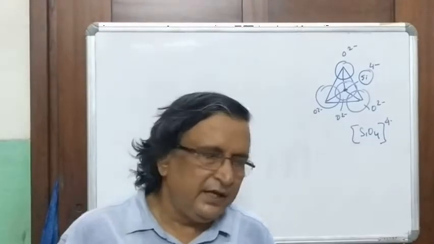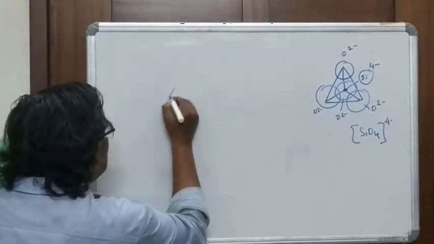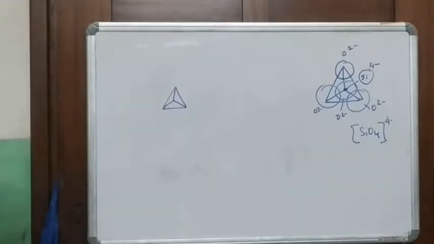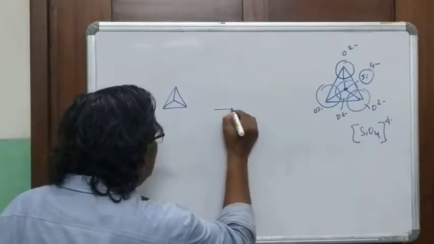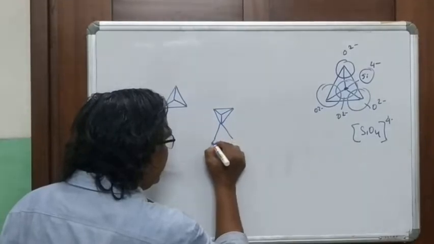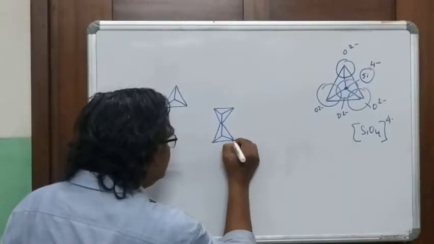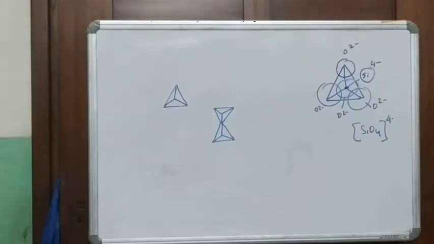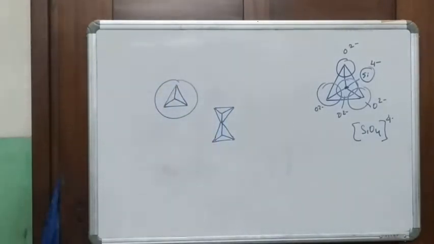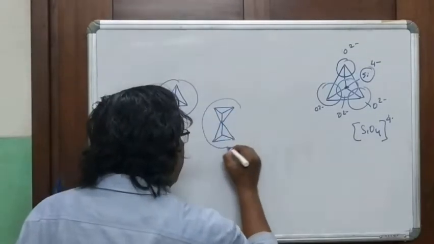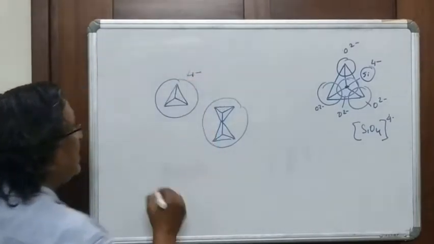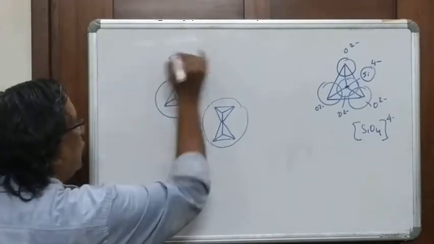So, for example, you can have an isolated SiO4 tetrahedra, or you can have a structure whereby an SiO4 tetrahedra is shared. When it is an isolated tetrahedra, you can see it has a charge of 4 minus, and the formula is SiO4.